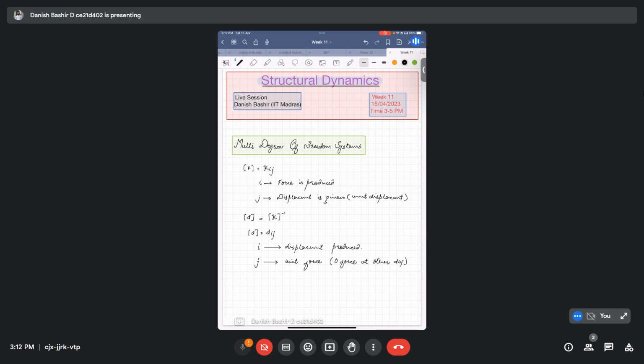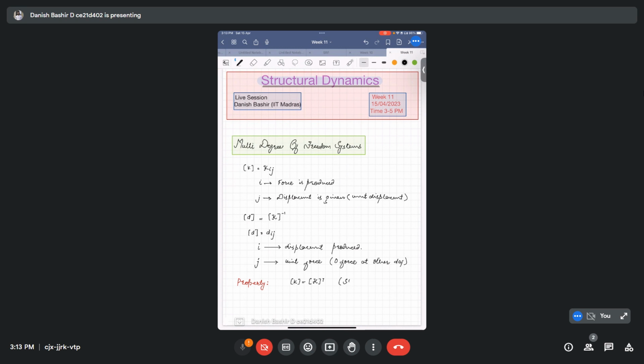Property one: the K matrix is equal to the transpose of itself, K transpose.